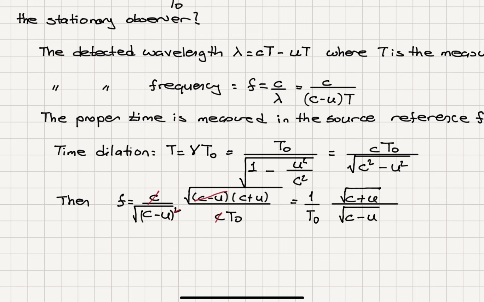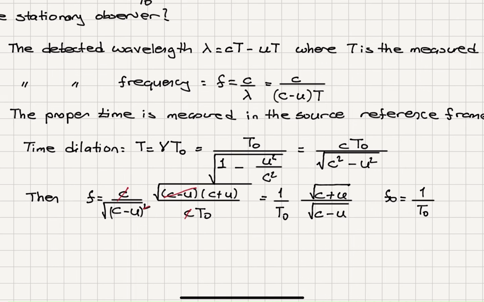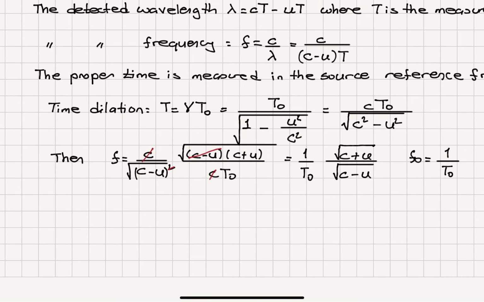Now, what is 1 over T0? Remember, 1 over T0 is the actual frequency in the source reference frame. 1 over T0 is f0. So we can write the detected frequency as f0 times the square root of c plus u divided by the square root of c minus u.